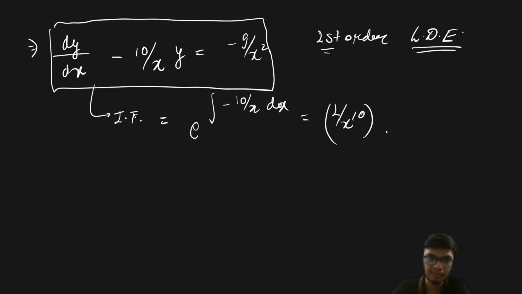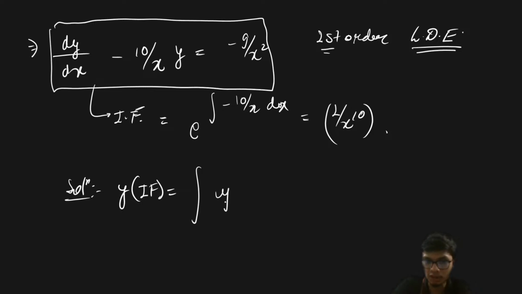Once we get the integrating factor, the solution is very standard. That is, y into integrating factor is equal to integration of integrating factor into minus 9 upon x square dx, right?